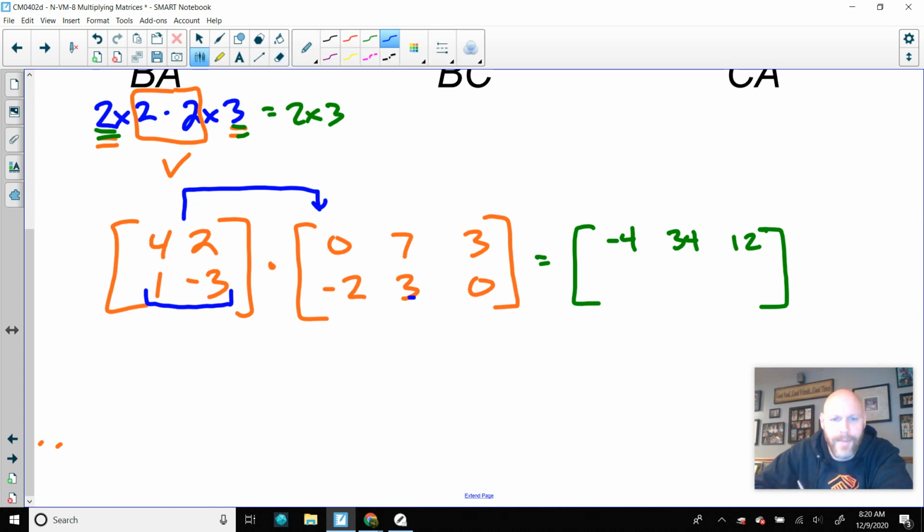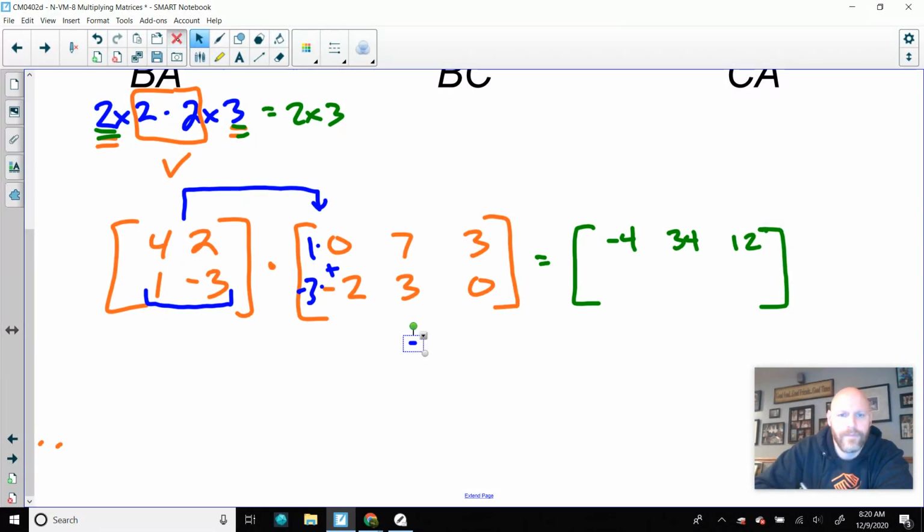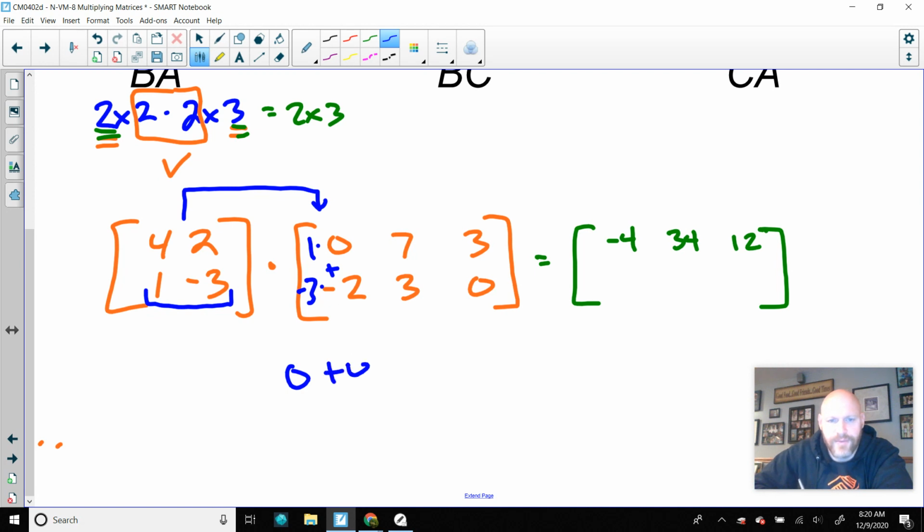So now when I pick that up and I drop it in, the negative 3 goes in first. The number 1 goes in second, and we're going to add those. All right. So this is going to be 1 times 0 plus negative 3 times negative 2 gives me the number 6. That was second row, first column.